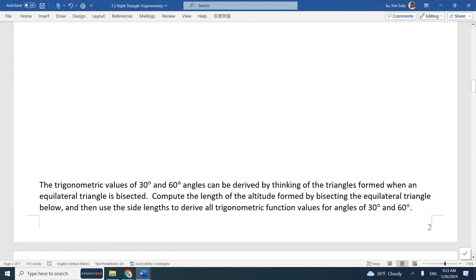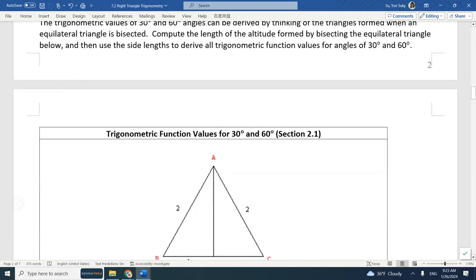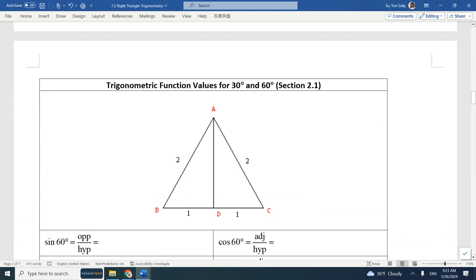Okay. The trigonometric values of 30 degree and 60 degree angles can be derived by thinking of the triangle formed from the following. Okay, so we have this triangle. You know this side is 2, this side is 2, this side is also 2, right?